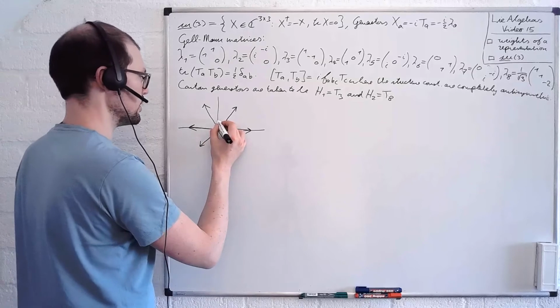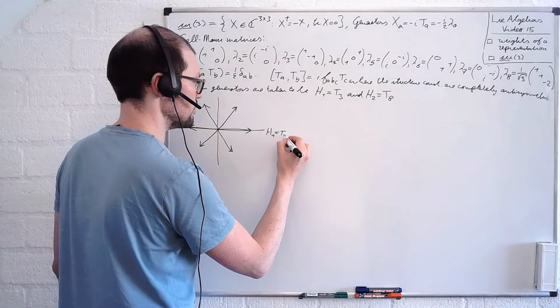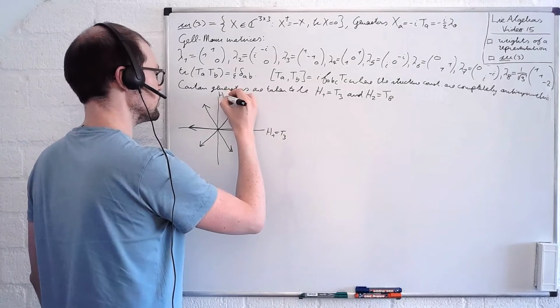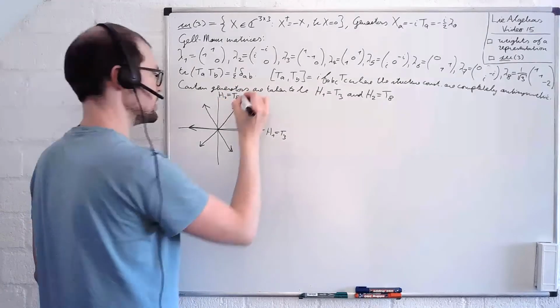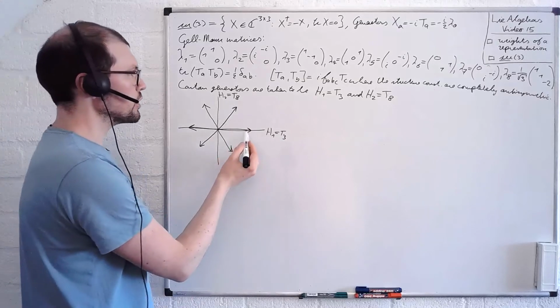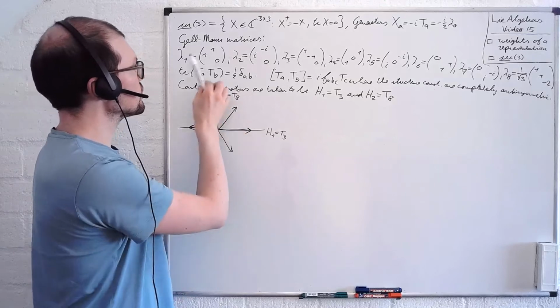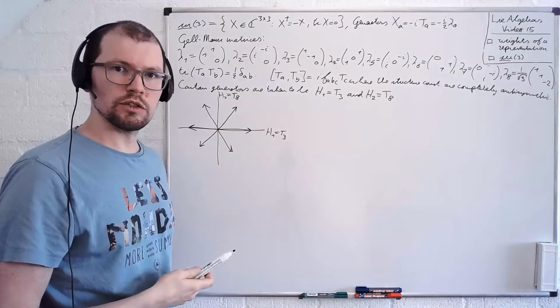They're like this. So we have H1, which is just T3. We have H2, which is T8. And then what are the roots? Well, they're just combinations of these, just like in the case of SU2.